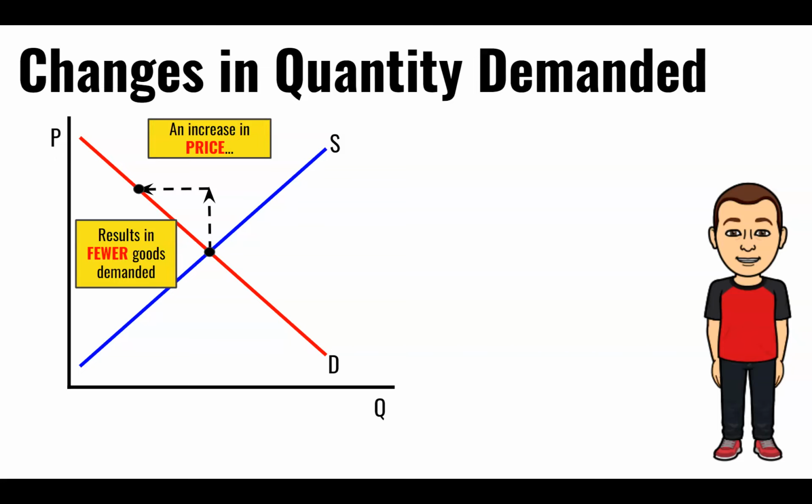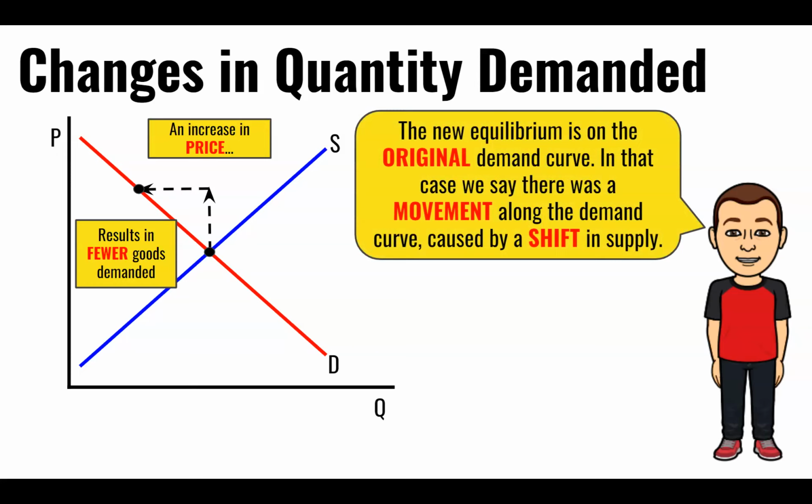And that new intersection point is only achievable if the supply curve is shifting. You'll see that that new intersection point, that new equilibrium lies on the original demand curve. So what we say here then is that there is a movement along the demand curve caused by a shift in supply. That the increase in price is caused by a shift in supply leading to a change in the quantity demanded. Increases in price lead to movements along the curve.